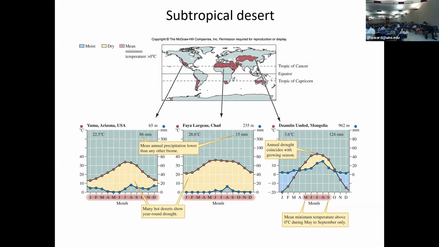It is exactly during the growing season. So when it's warm enough for plants to grow, here on the right, there's no water for them. When it's too cold for them to grow, there is available moisture, but they can't use it because it's below 0. Yes.